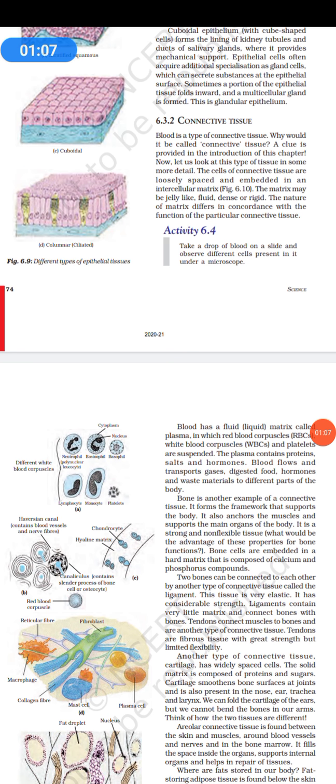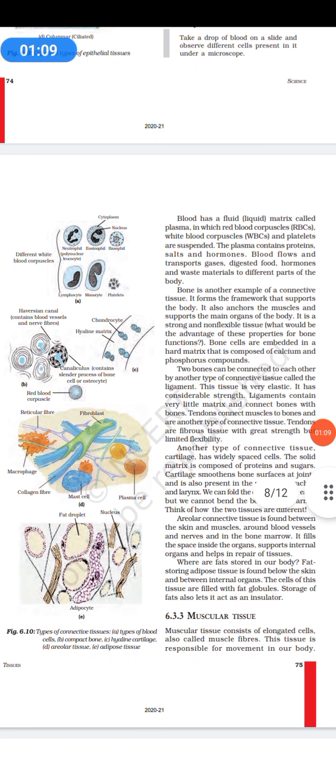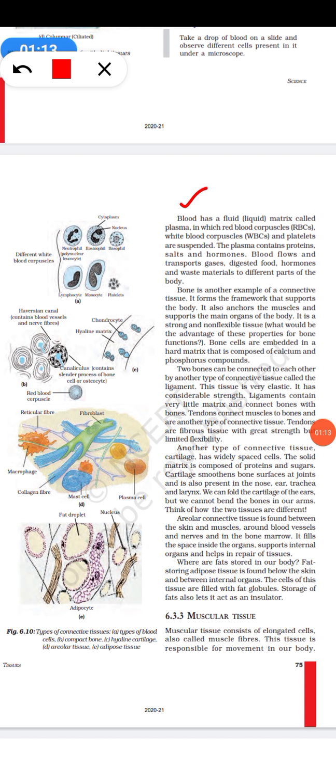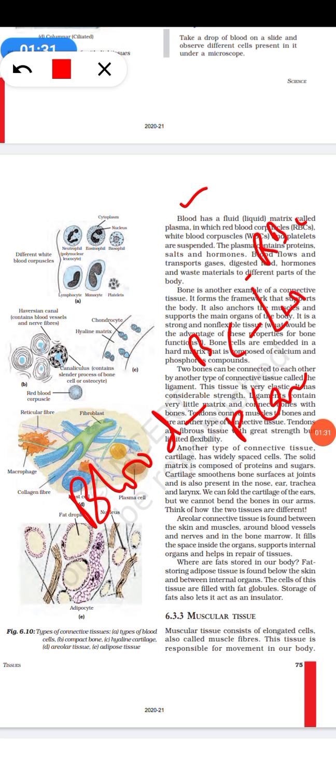Now, first talking about blood. Blood is a fluid, and it consists of blood cells and plasma. Plasma is the fluid that we have, and among blood cells we have red blood cells, white blood cells, and platelets.